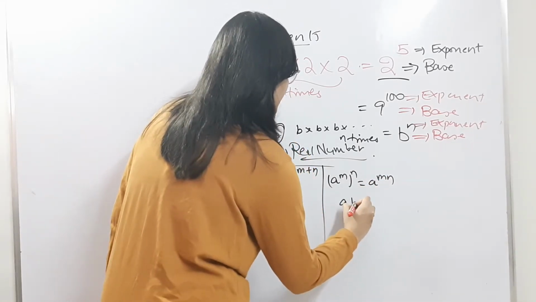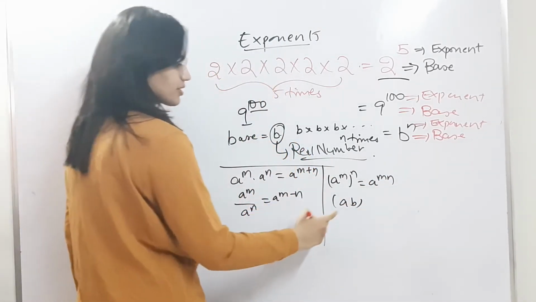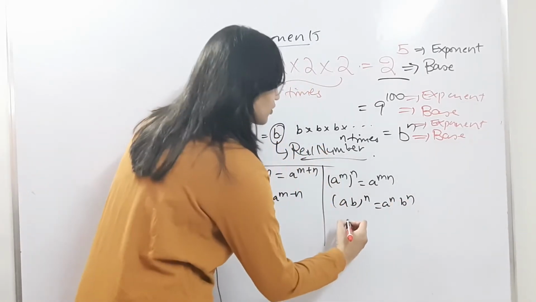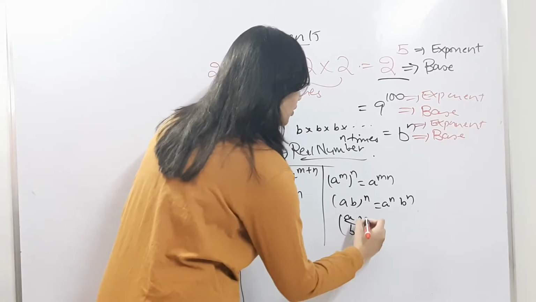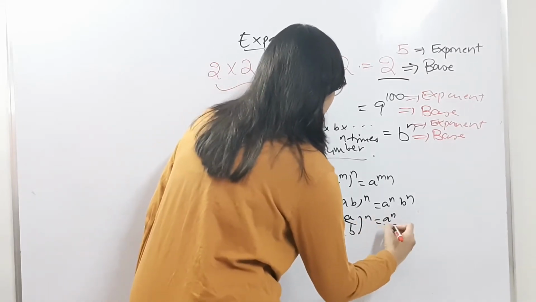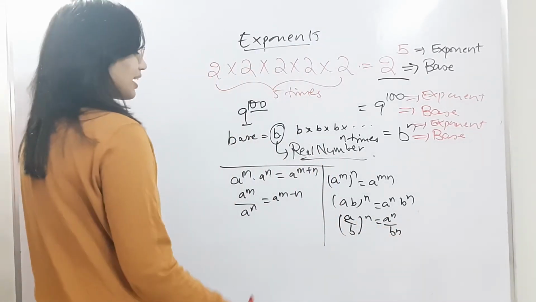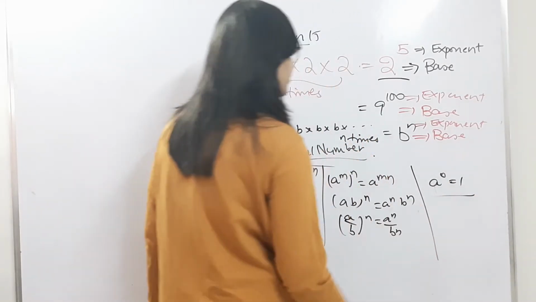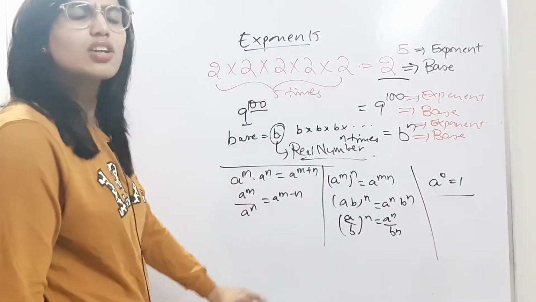Then we have a power of n into b power of n, which is ab whole power of n. Also, a by b whole power of n is a power of n by b power of n. And in short, we know that a power of 0 is 1. So all these are laws of exponents.